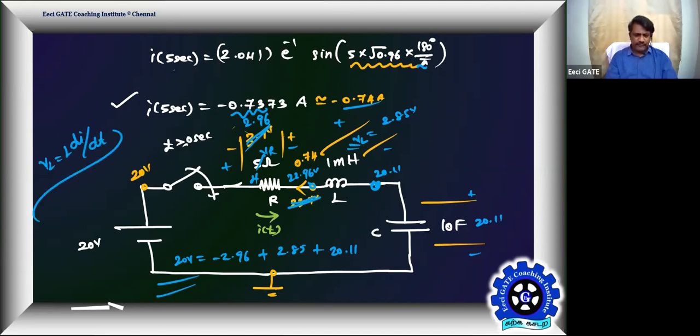So you need to differentiate your i with respect to time and use that data at this point of time. So you need to find out di by dt at what? 5 seconds. Then find out the voltage; that will match 2.85. Then this is perfectly all right.